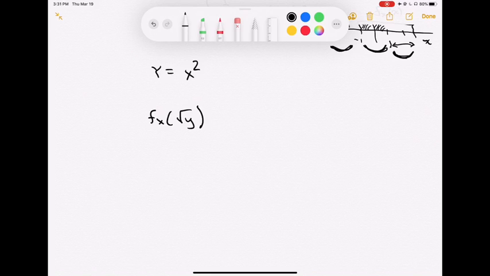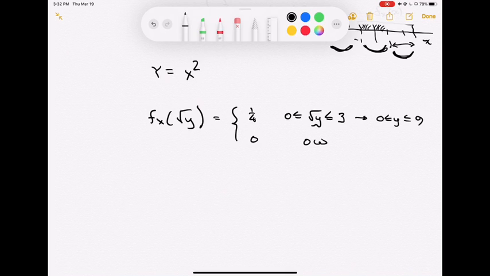I need to be able to handle that, and that's going to be equal to 1/4 for 0 less than or equal to root y less than or equal to 3. We know y was always non-negative, so we should be looking over a range that's non-negative, and we would get 0 for other y's. These values of root y going between 0 and 3 translate over to 0 less than or equal to y less than or equal to 9.